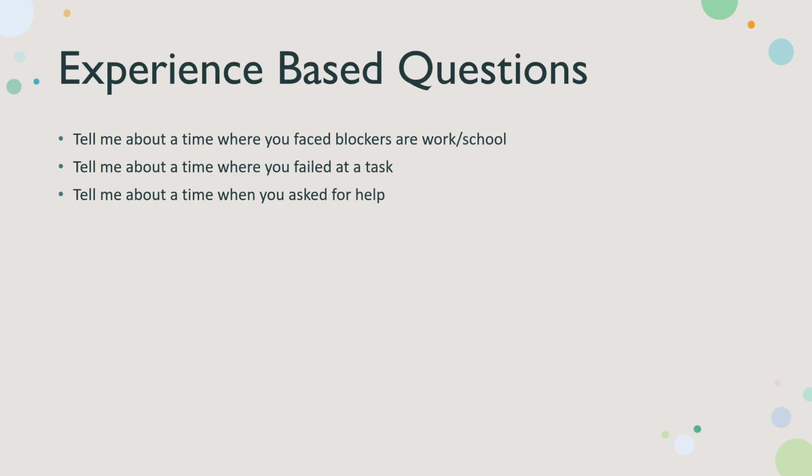So, for example, an experience-based question would be, "Tell me about a time where you faced blockers at work or school." Generally, I include school in there too because not all of you will be experienced developers interviewing. Some of you will be straight out of school with no internship experience. It happens. You can still get a job.